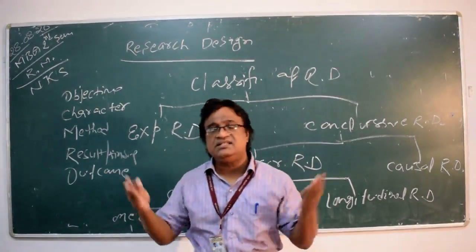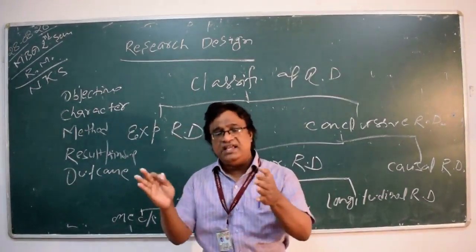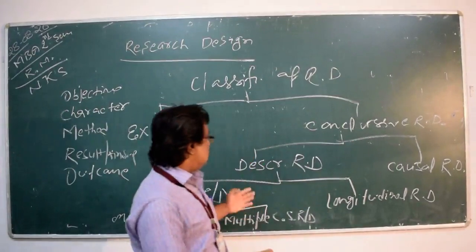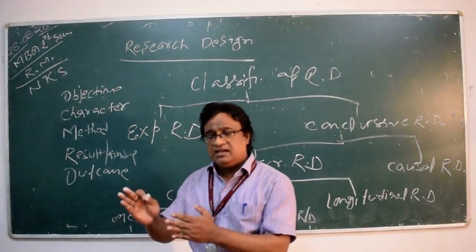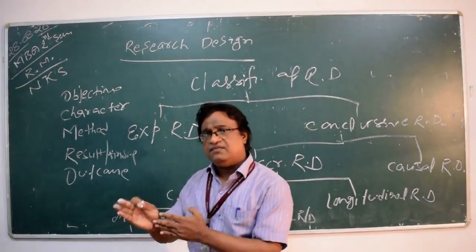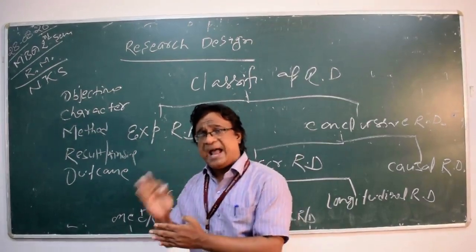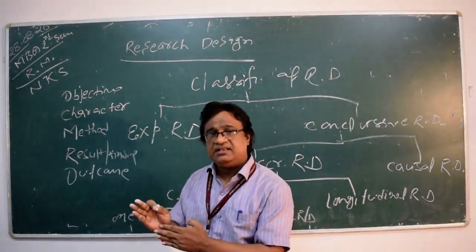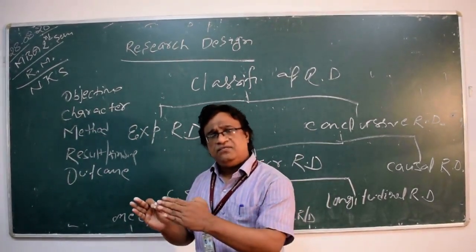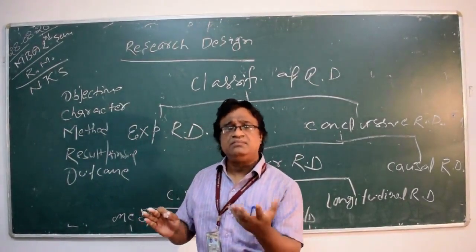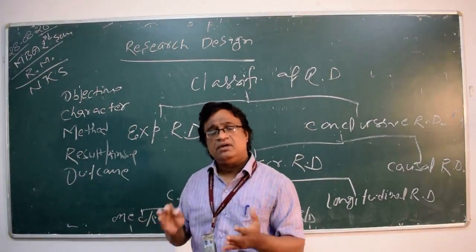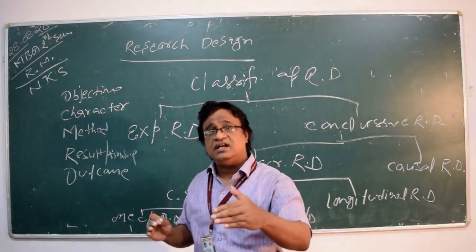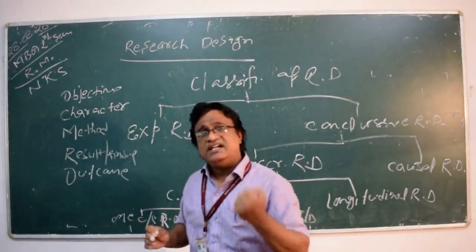Now the method. There are a number of methods through which we can conduct descriptive research, like the observation method, the survey method, the panel discussion method, and we can also use secondary data for quantitative analysis.